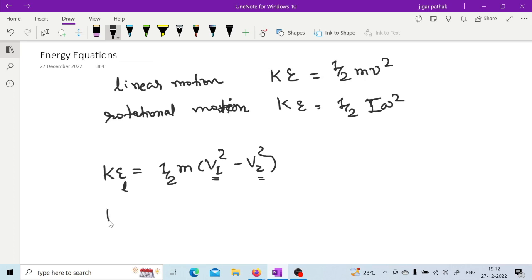Similarly for rotational motion, the energy absorbed by the brake will be 1/2 I (ω1² − ω2²). So this is how energy will be absorbed by the braking element.